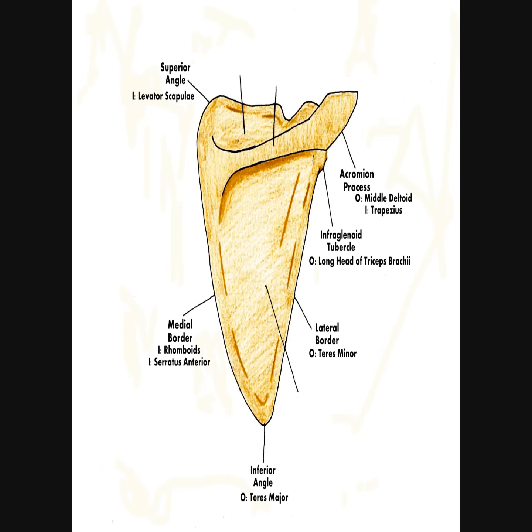Alright, so the next structure, we're going to start with the structures that we can't see on the posterior side. The main one is what the acromion process actually kind of forms off of. And it's easily palpated if you are working on a client. It is the spine of the scapula. The spine of the scapula actually has muscles that attach to it as well. One that originates and one that inserts. The muscle that originates on the spine of the scapula has 3 parts, an anterior, middle, and posterior part. This is the posterior section.